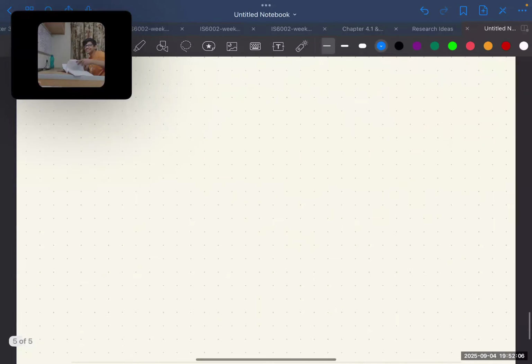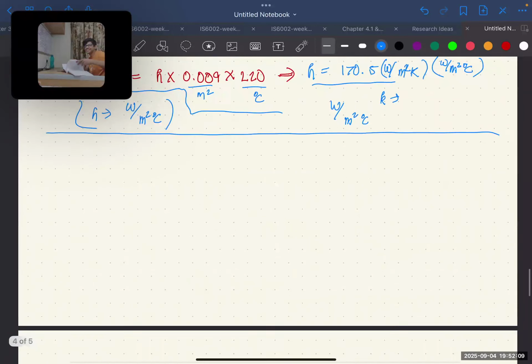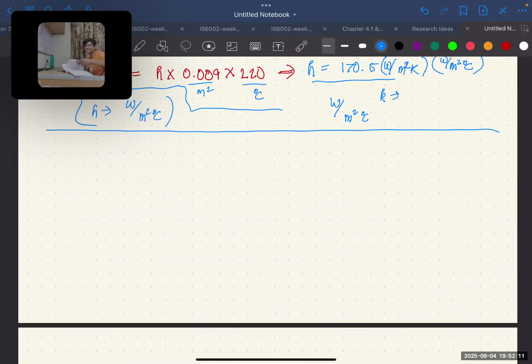Can we have a new page? Yes. So we have problem 2.64. I want to use black ink. Consider a large plane wall of thickness 0.3 and thermal conductivity 2.5 watt per meter degree Celsius and a surface area of 12 meters square. Everything is given. L is 0.3 meters.